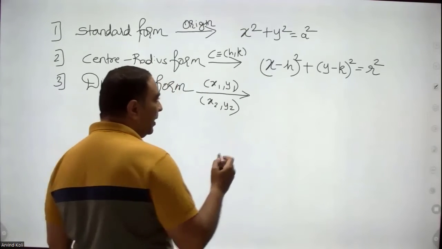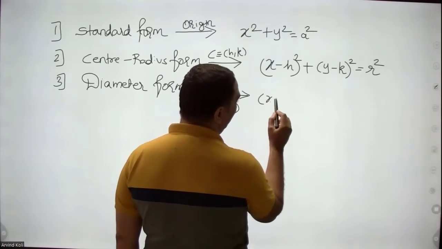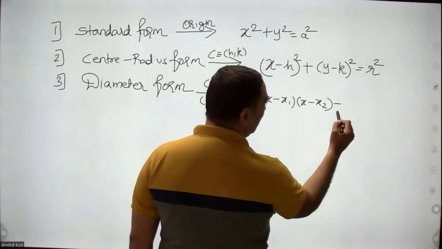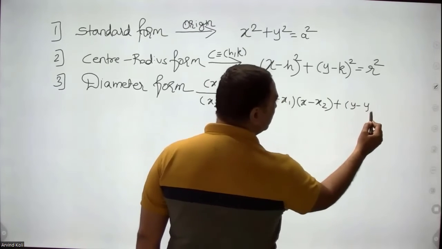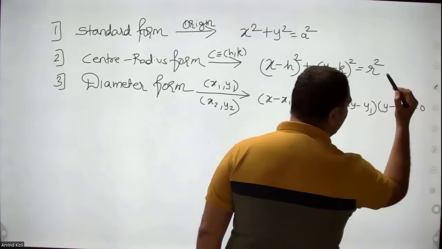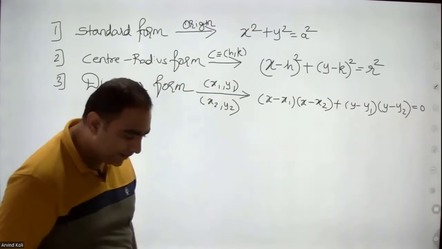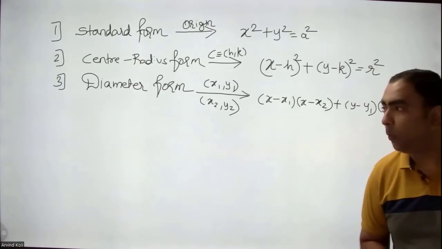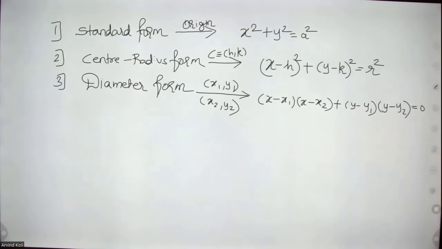In that case the formula is simple: x minus x1 x minus x2 plus y minus y1 y minus y2 is equal to 0. That's the formula. So this is just a recap of the 3 formulas that we have just studied. Now students, based on this we are going to solve a few problems. So let us begin with all of them one by one.